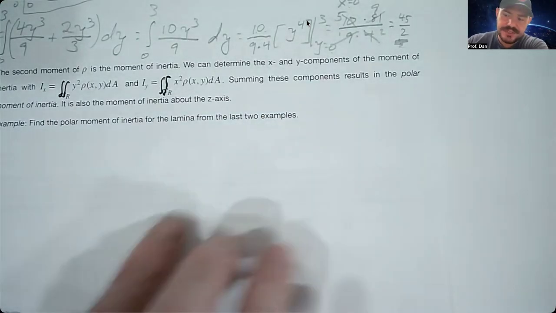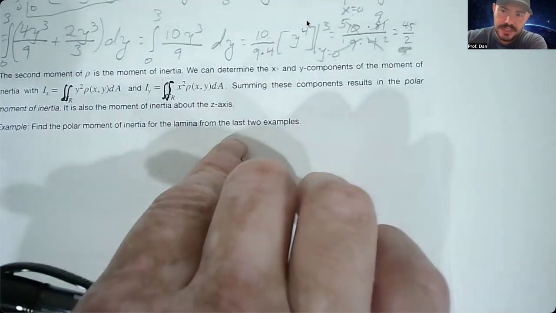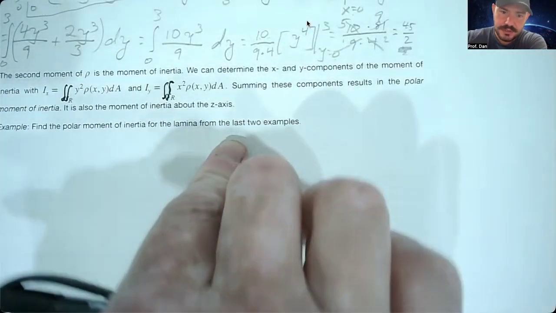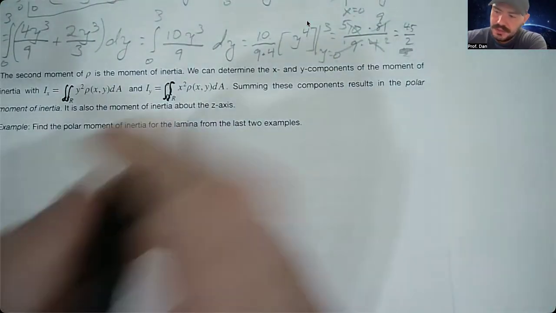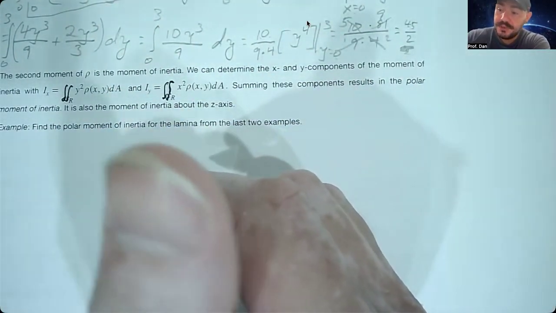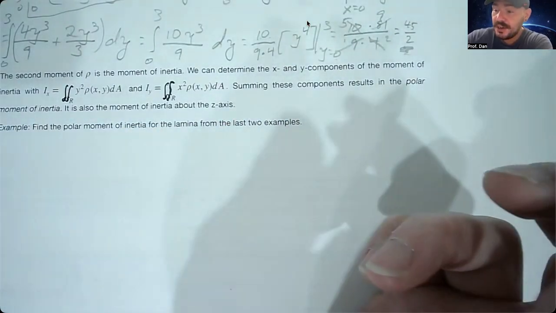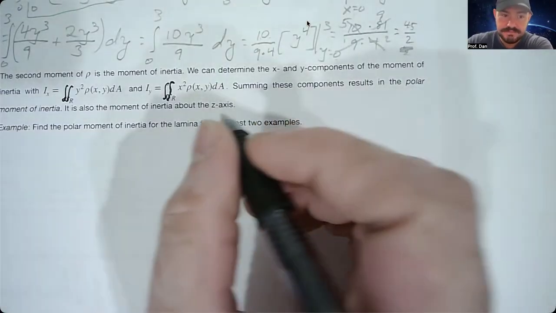Like think about it, if you're stepping on a flat floor, every time you take a step, there is a vertical change, right? Now, some people might walk a little funny where they kind of prance around, and that's perfectly fine. They just have a higher polar moment of inertia.